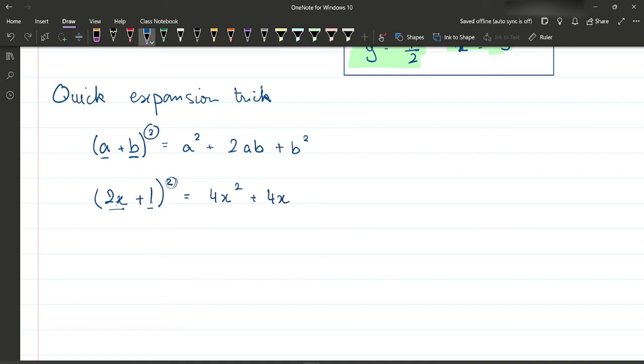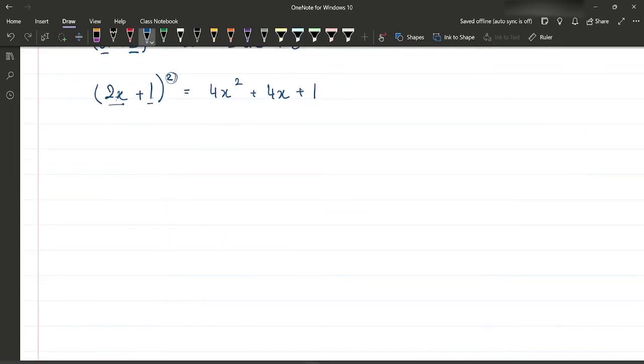And then 1 squared is just 1. Okay, let's try another one. Let's say 3y plus x. Here we get 3y, so if you square all of this, you simply get 9y squared. And then x times 3y times 2, which will be 6xy.